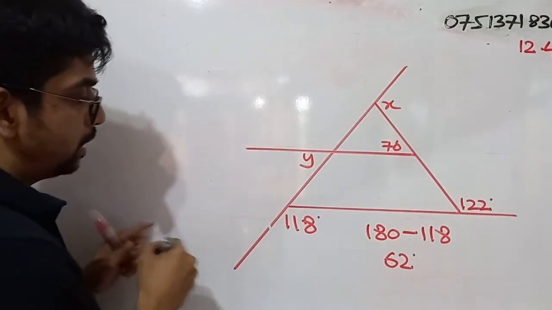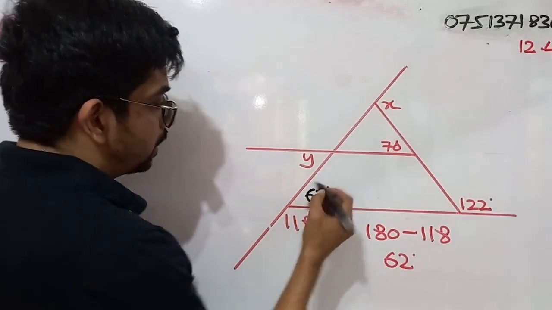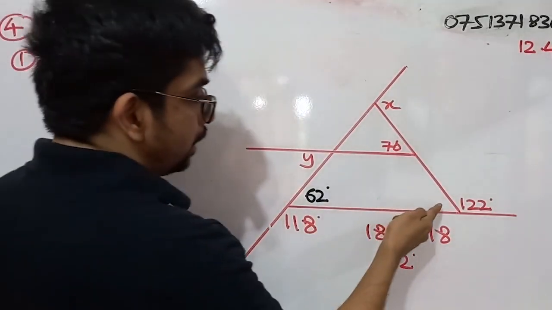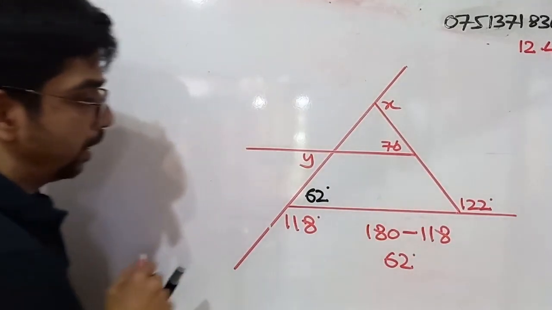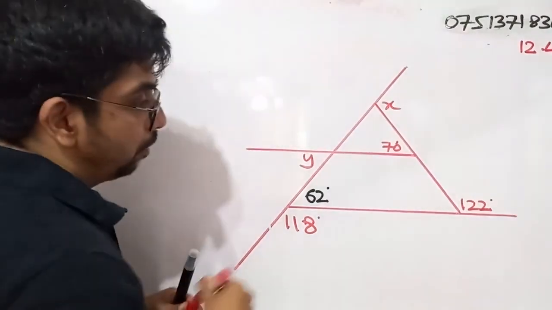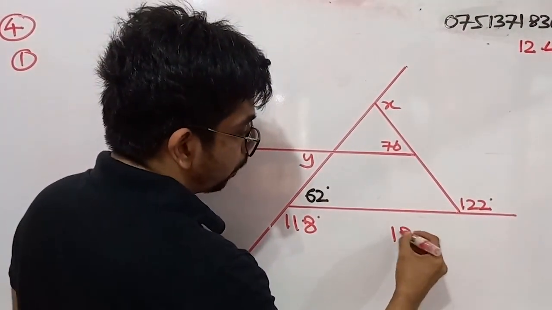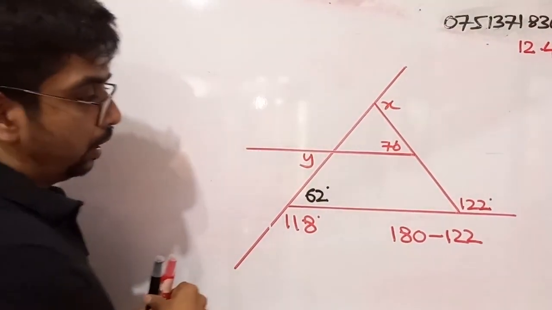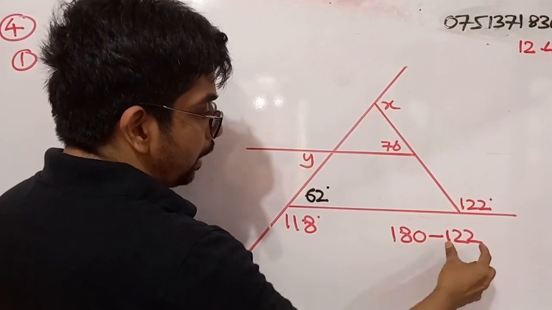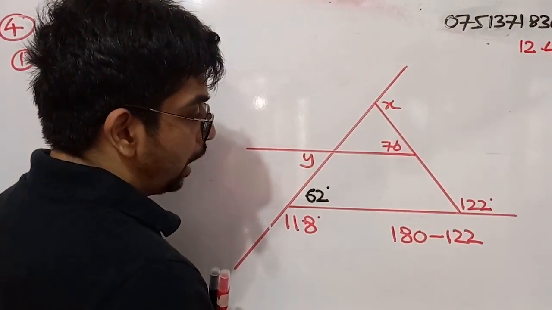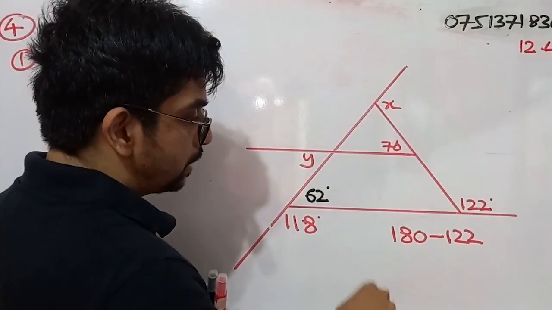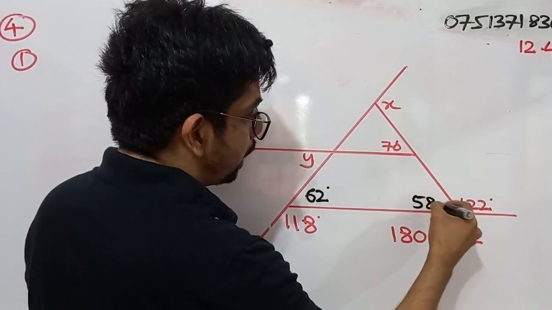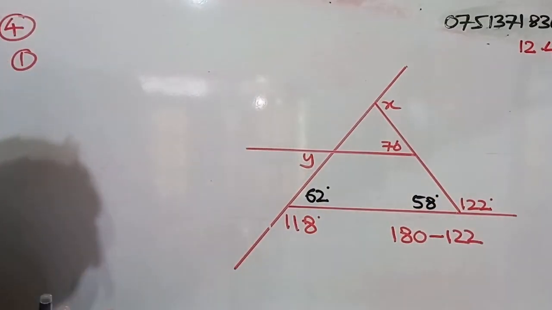That means this angle is 62 degrees. In the same manner, this angle we can calculate using 180 minus 122. 180 minus 100 is 80. 80 minus 20 is 60. 60 minus 2 is 58.